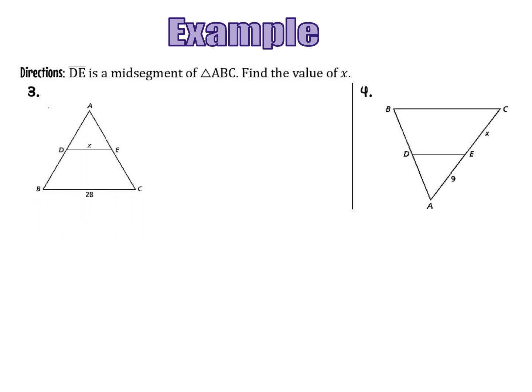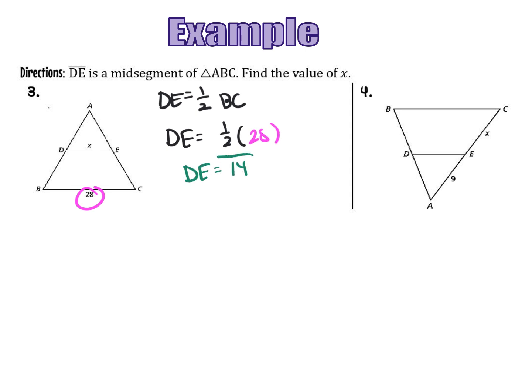So because we know that this is a midsegment, we know that DE is equal to 1/2 of BC. And in this case, BC is 28, which means that DE is going to be 1/2 of 28, or 14.